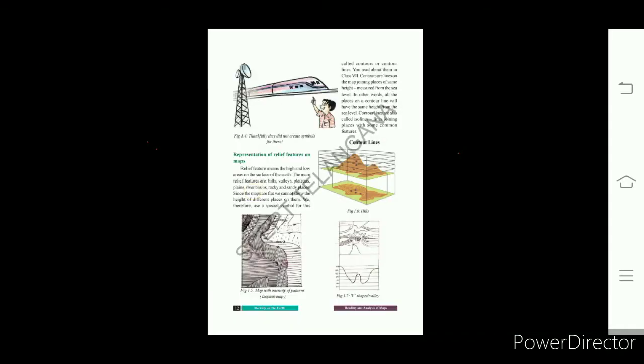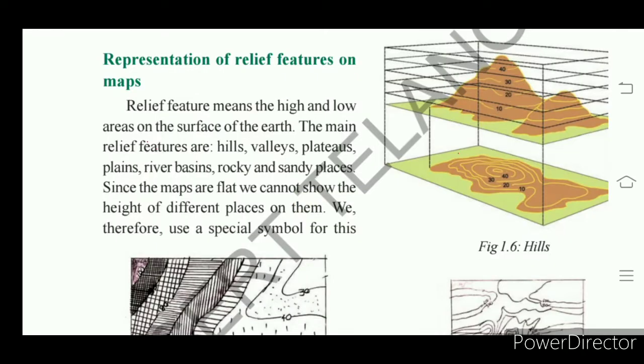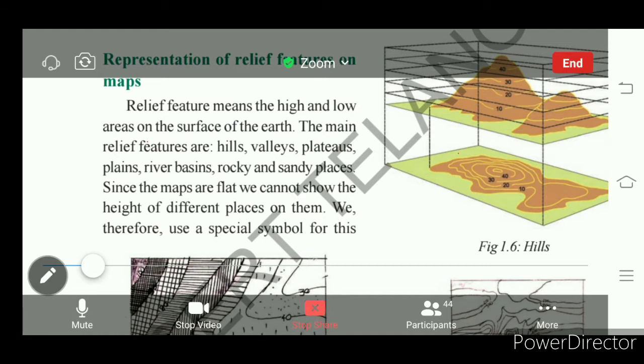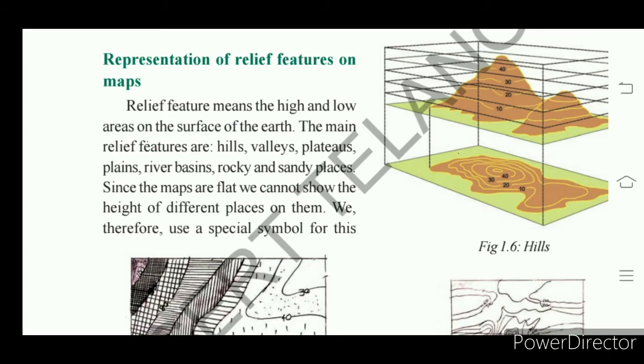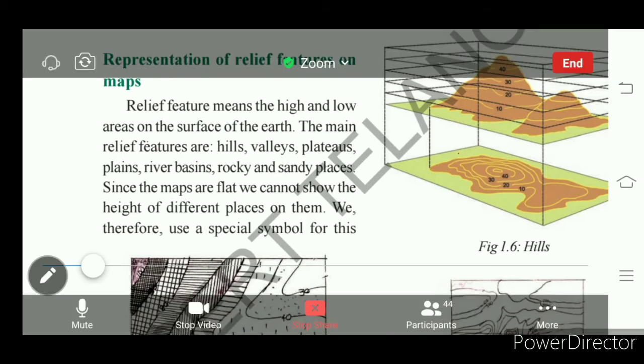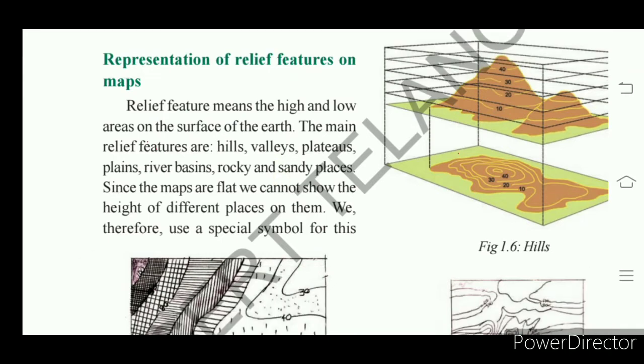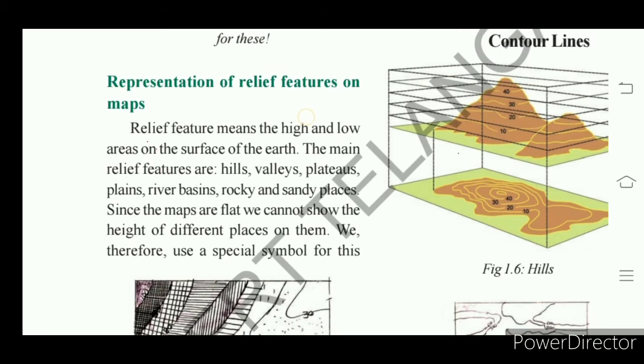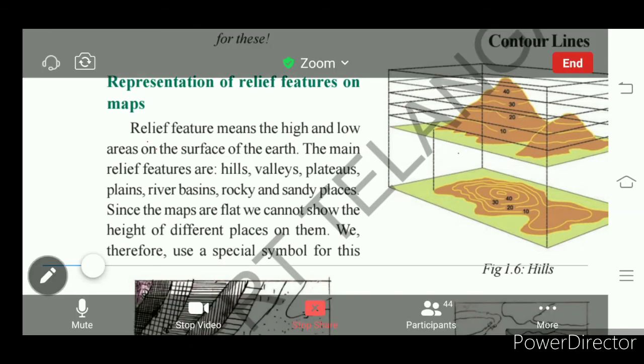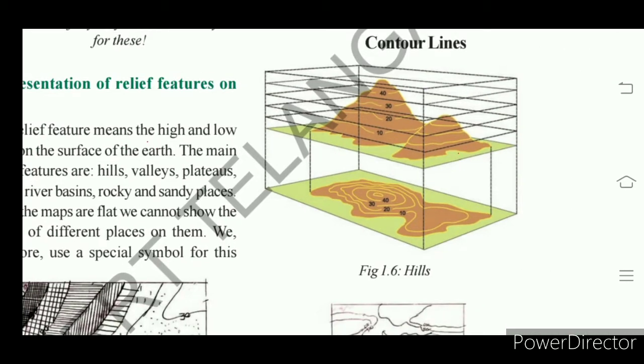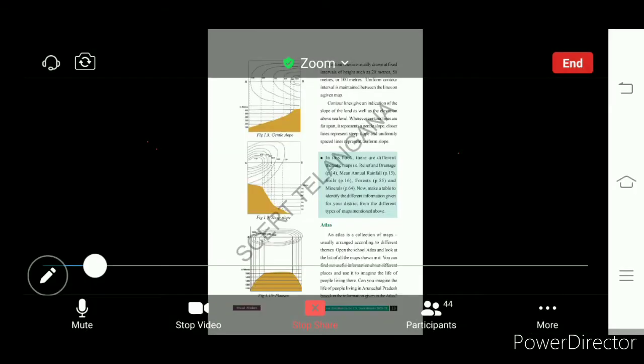This is shown here in figure 1.6. These contour lines help us to understand how the surface of the earth is. They also tell where mountains, hills, plateaus are, and what the slope of the hilly areas is.